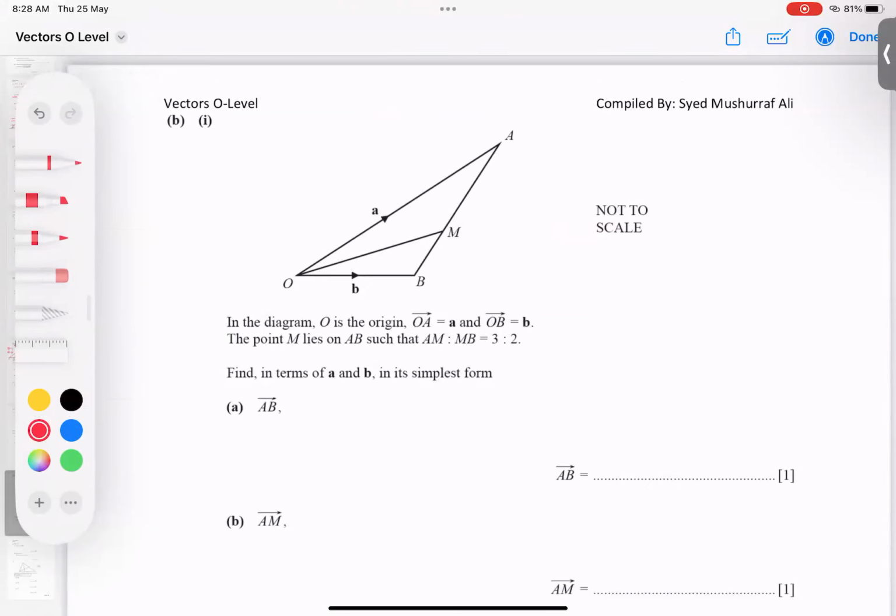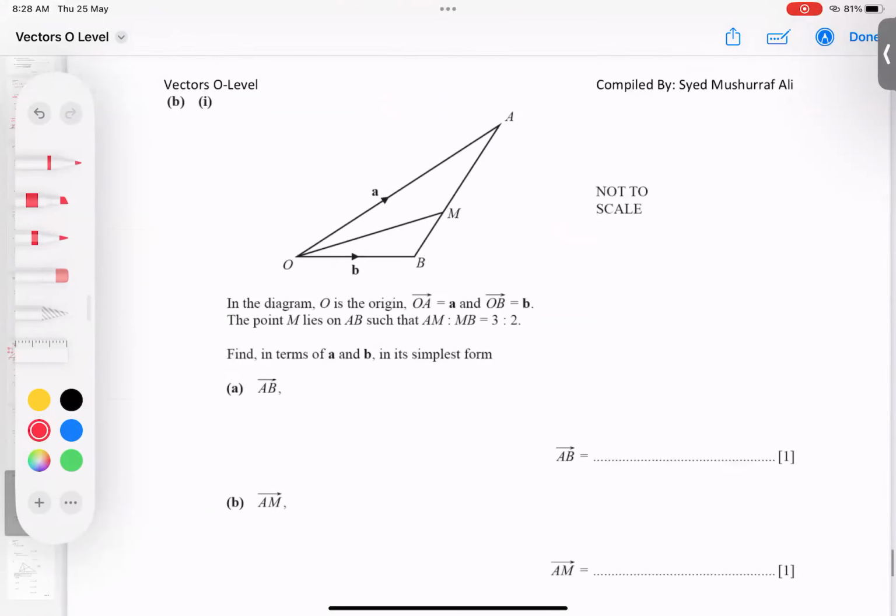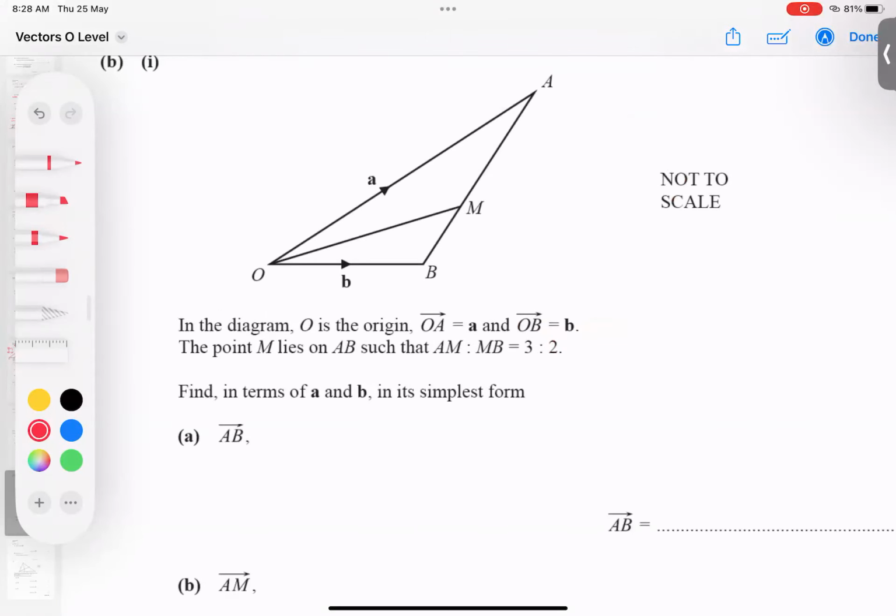Okay, part B, he's saying that find out the AB vector. But before we start, we know that OB is equal to b and OA is equal to a. If I'm looking for the AB vector, it starts from A and ends at B. This path I can't use, the reason being it is unknown, but this path I can use.